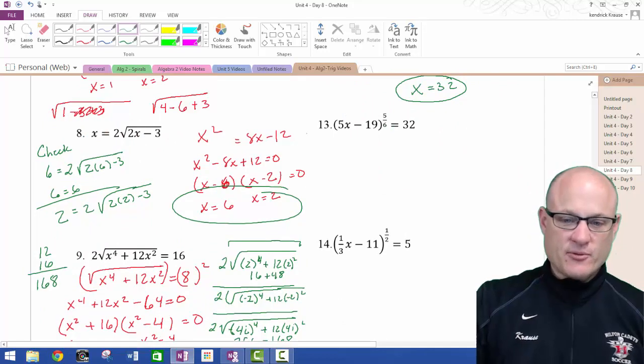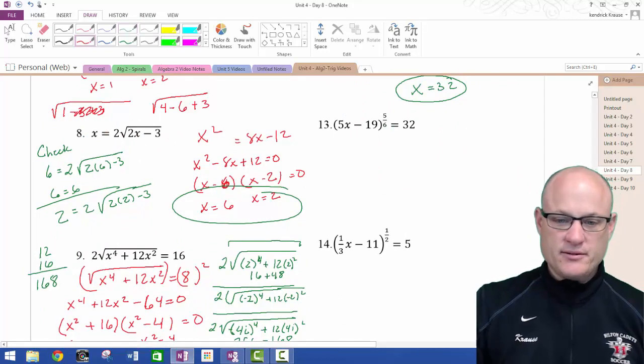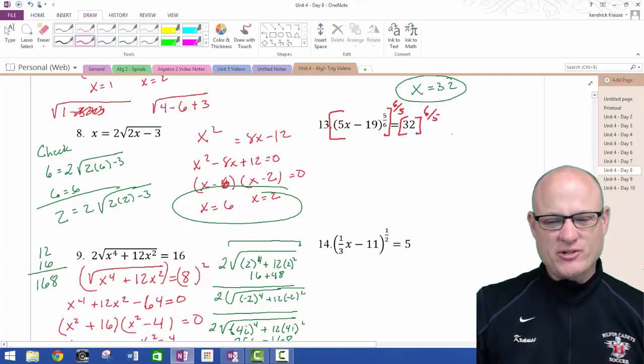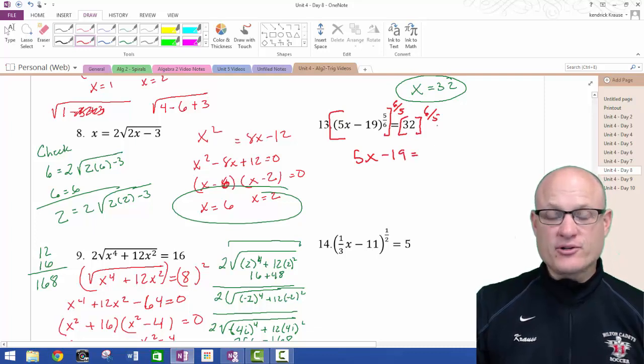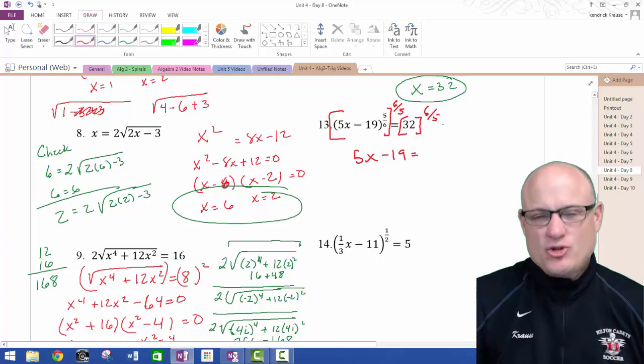This one's all set for me to go, so let me jump back to red. I'm going to just automatically raise this to the reciprocal, 6 over 5. Now again, it's 32. What number can I take the 5th root of? What could it possibly be when I take the 5th root of 32? 2.